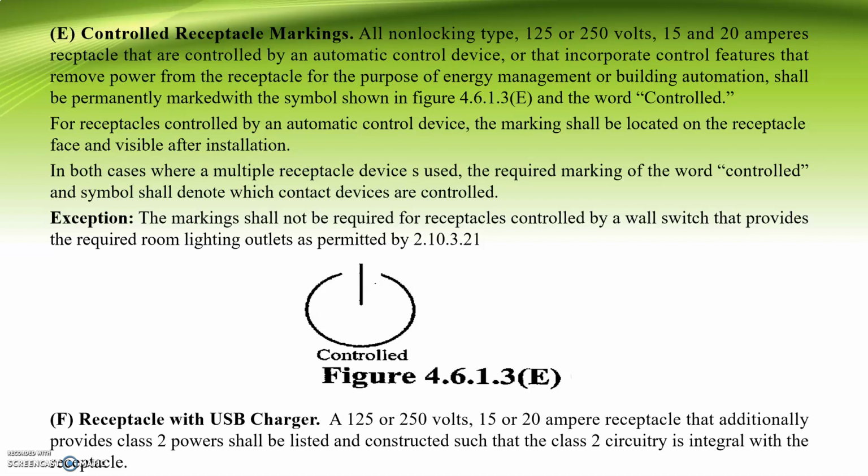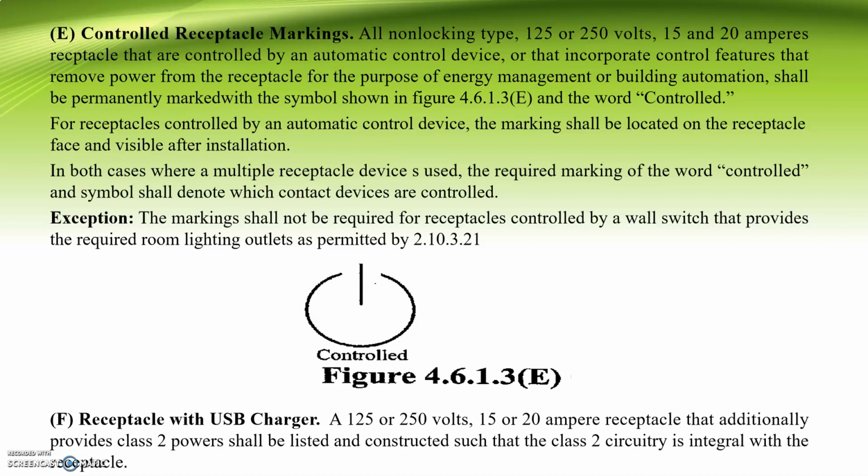For receptacles controlled by an automatic control device, the marking shall be located on the receptacle face and visible after installation. In both cases, where a multiple receptacle device is used, the required marking of the word controlled and symbols shall denote which contact devices are controlled.